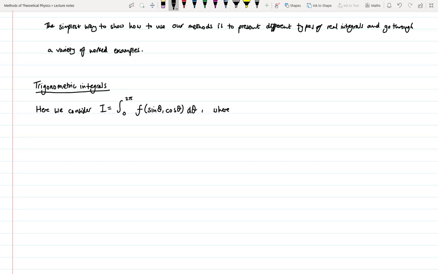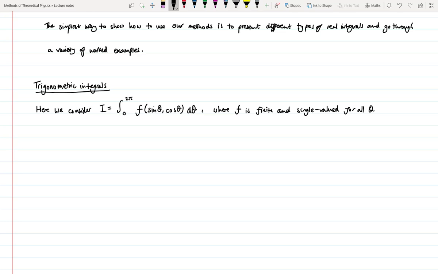And here the real function f is finite and also single valued for all theta.